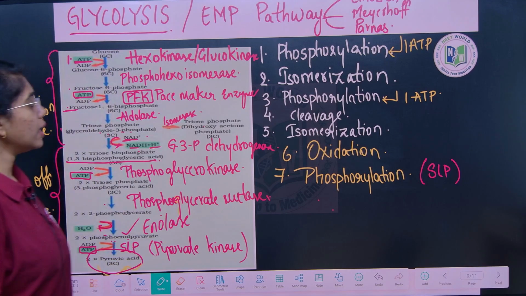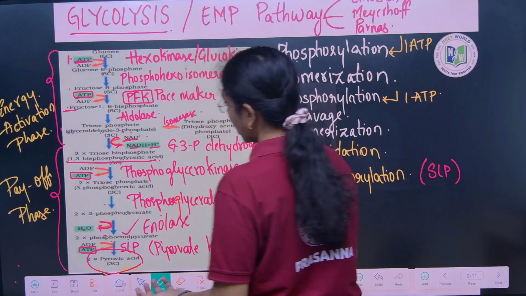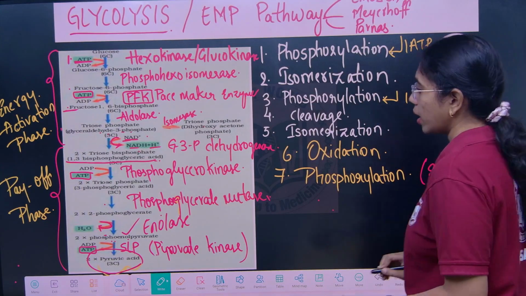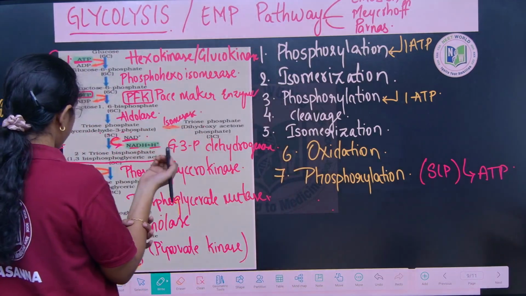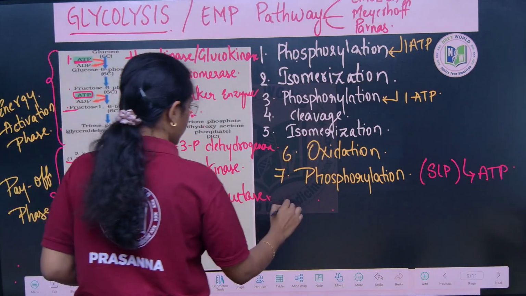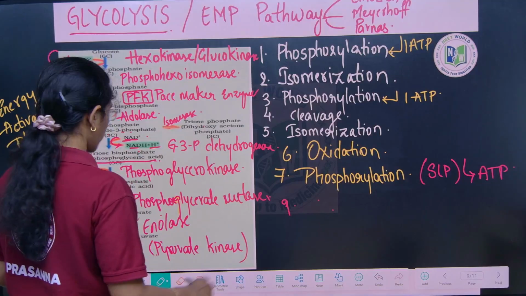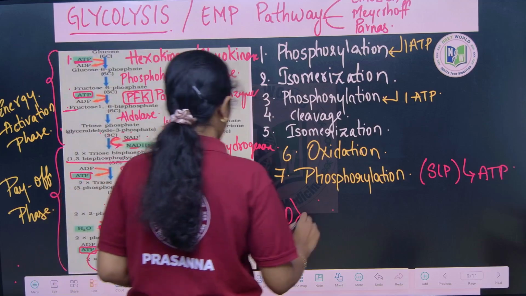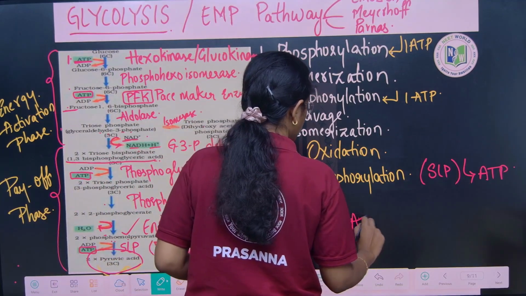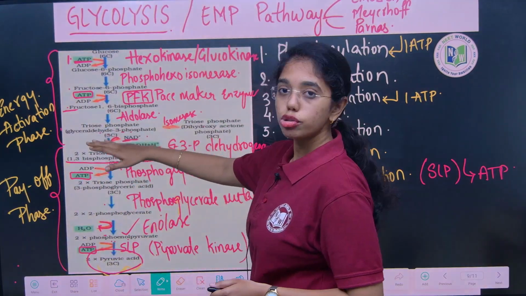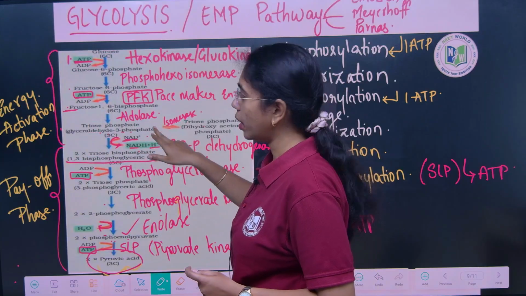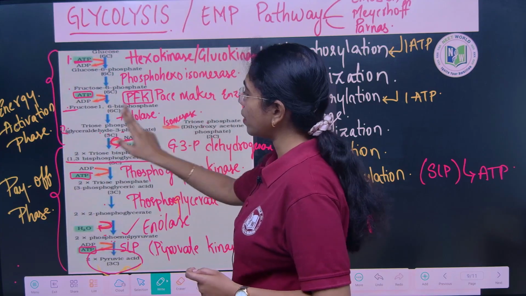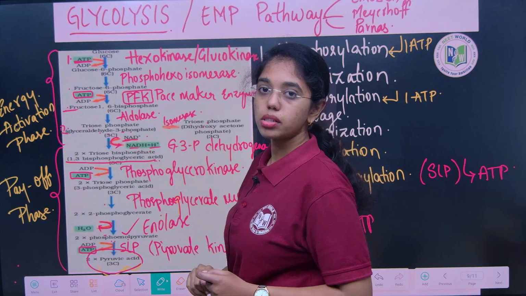So in the next 5 steps, at the 7th step one ATP molecule is released, and at the 10th step one ATP molecule is released. But we should not count it as 1 glyceraldehyde 3-phosphate, because for 1 glucose 2 G3P will come into the picture, because DHAP will again turn to G3P and it operates the next 5 steps.